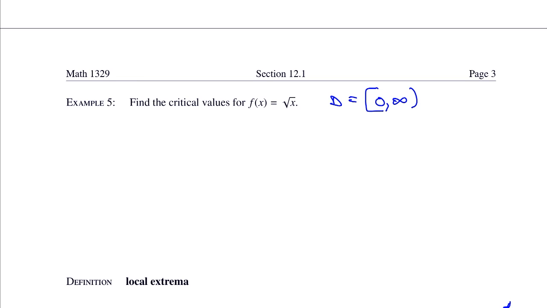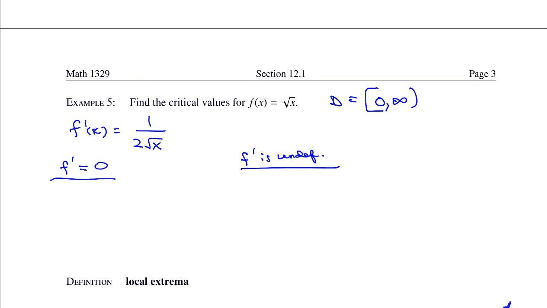All right. f prime of x is equal to what? 1 over 2 square root of x. And so we need to find the critical values. The critical values occur when the derivative is equal to 0 or when the derivative is undefined. These are our two ways to get critical values.